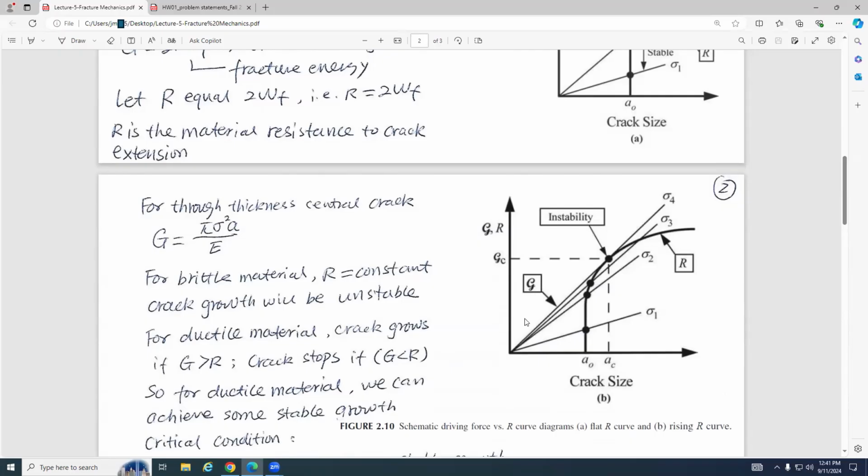And for this one, as long as I have a G here, and this curve is tangent to this R curve, then you can get a new crack length. So my new G will go here, and my new R goes here. Then what will happen? At this instant, this new G is less than the new R. As a result, this crack will stop.